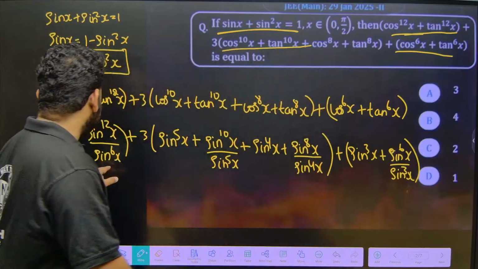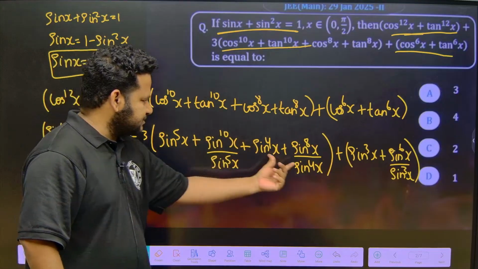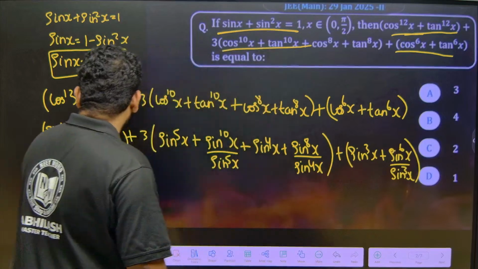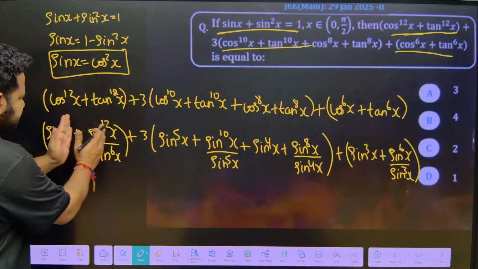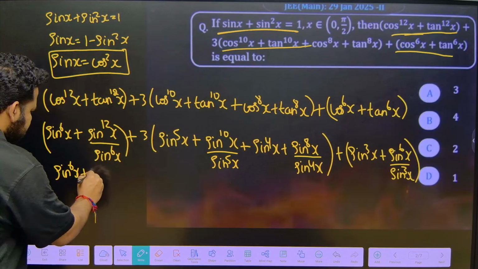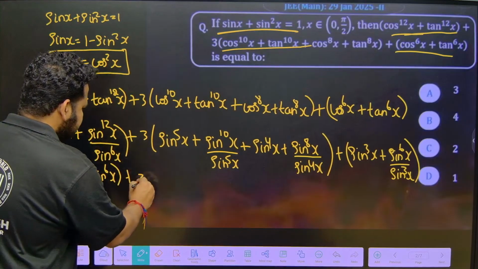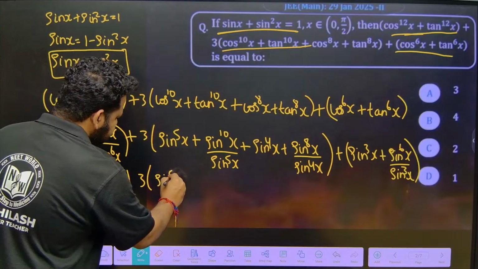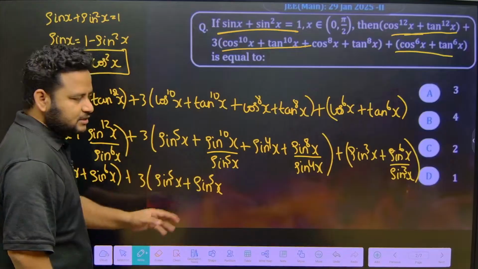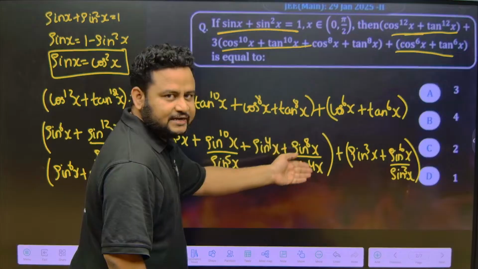Now, see sin power 12x divided by sin power 6x, if I cancel I will get sin power 6x, here also I will get sin power 5x, here I will get sin power 4x, here I will get sin power 3x. Now, sin power 6x plus sin power 6x, plus sin power 5x plus sin power 5x, plus sin power 4x plus sin power 4x, because sin power 8x by sin power 4x if I cancel I will get sin power 4x only.